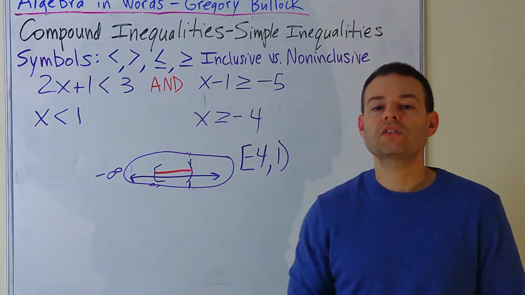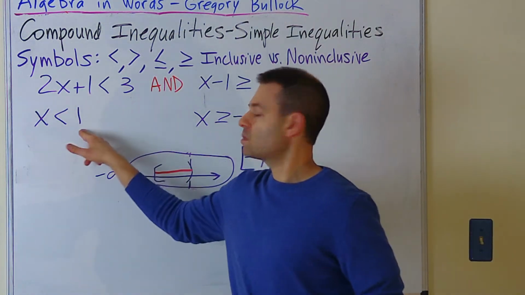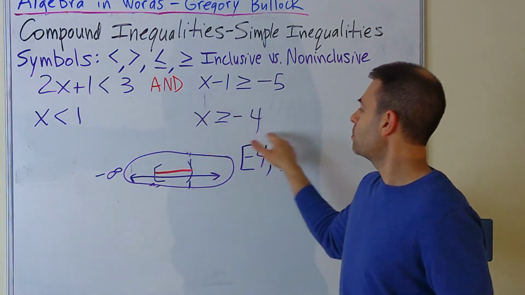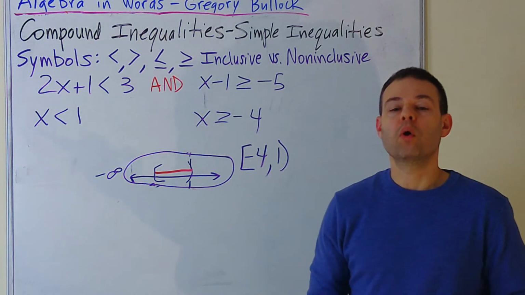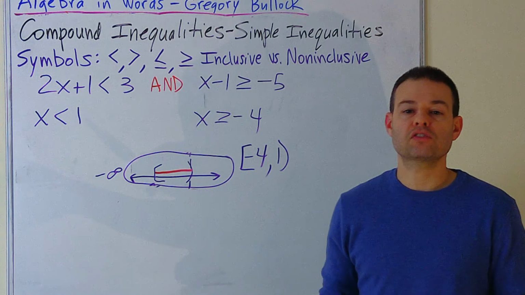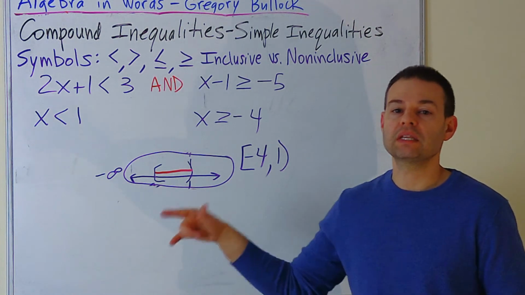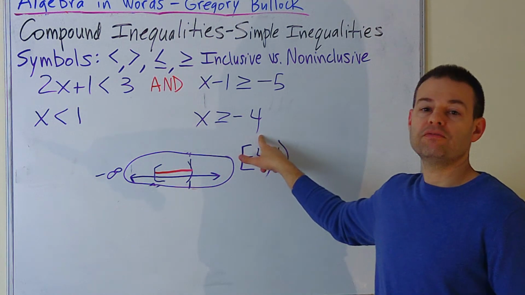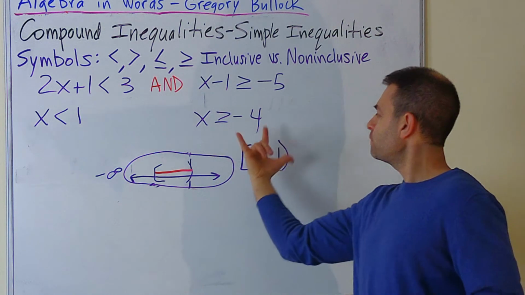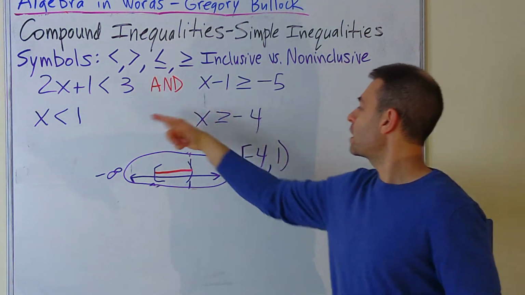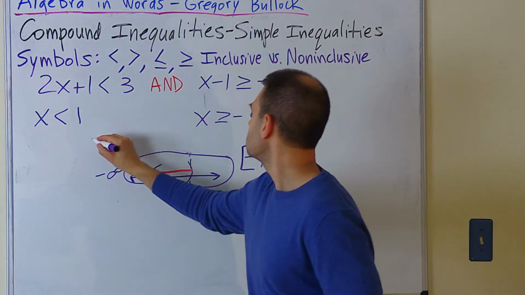Okay, so watch how we combine this simple inequality with this simple inequality into one compound inequality sentence. What we're going to do is make sure that the smallest value starts on the left. That would be the -4. So think of taking this simple inequality and just flipping it so that the -4 is on the left, like this, -4.